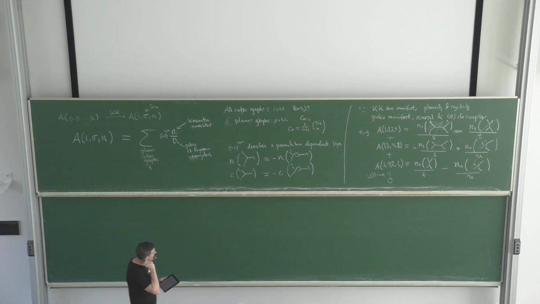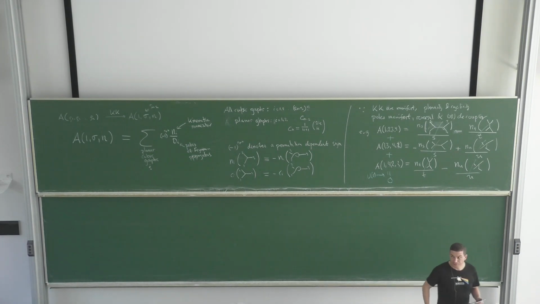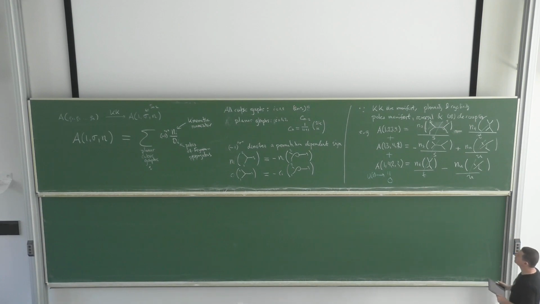Oh, yeah, and yesterday somebody asked me, why are there no quartic diagrams? Obviously, if I consider Yang-Mills, I should have a quartic Feynman rule. You could introduce quartic diagrams here, but it turns out that they don't actually do anything interesting in this formal way of looking at it.